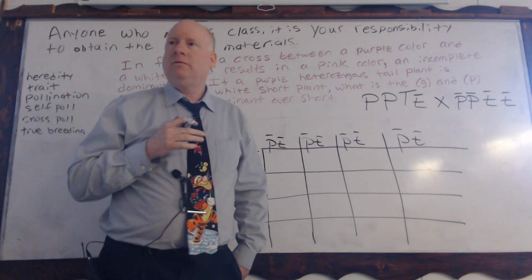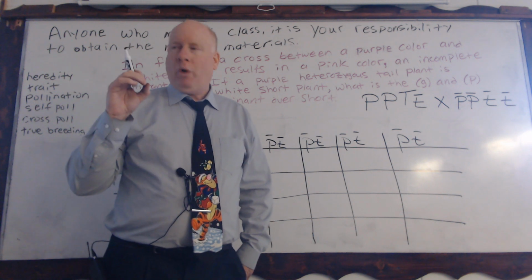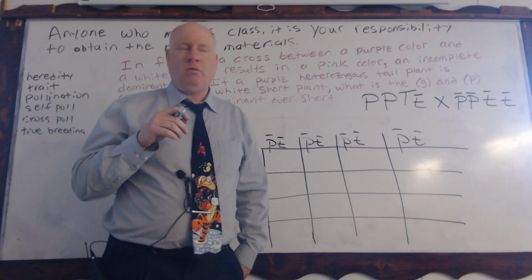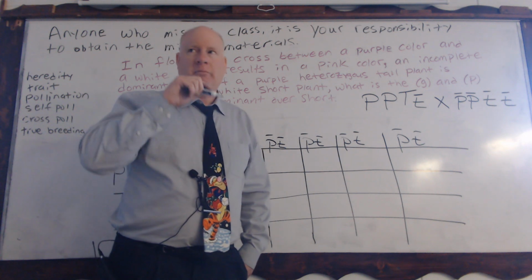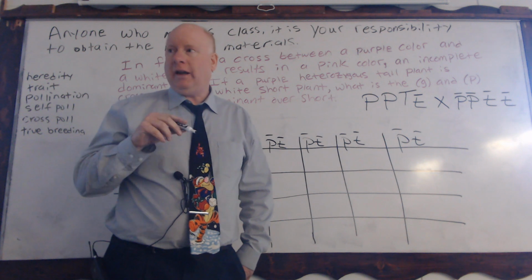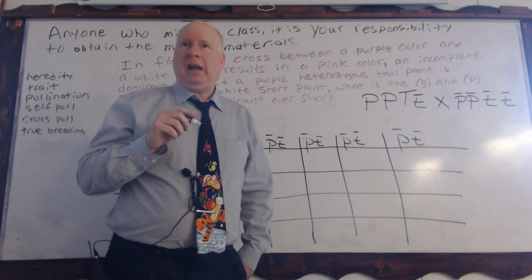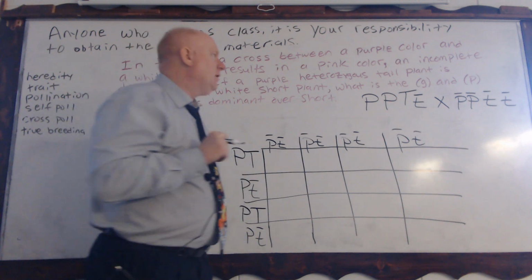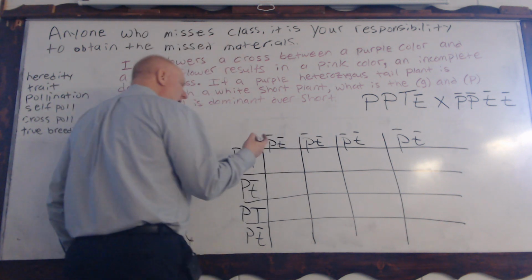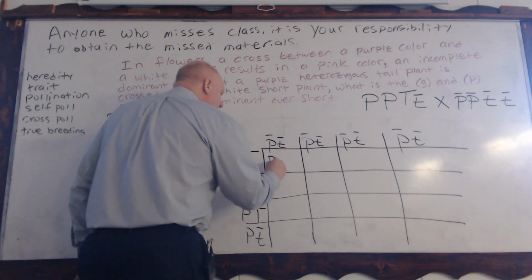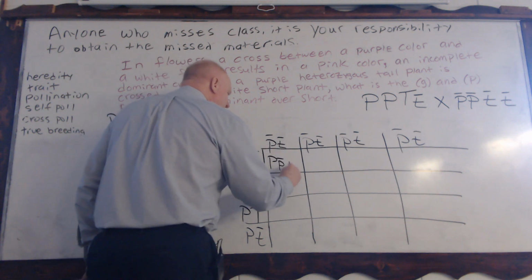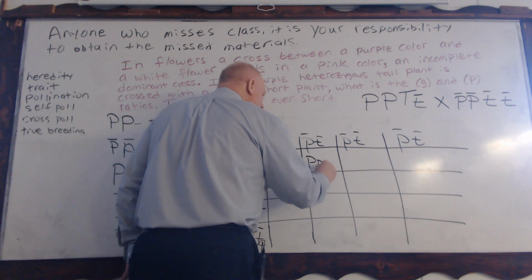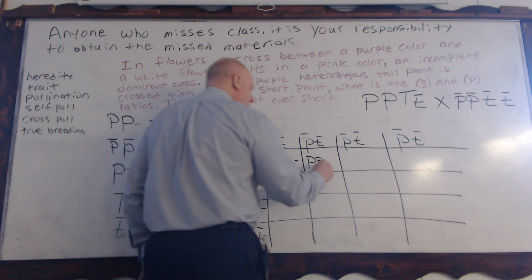No. So 100% of the time the petal is going to be pink. But we can't say for sure what the height is going to be. So we already know that all of these are going to be pink, because in each and every box, you're going to have a capital P and a lowercase p.